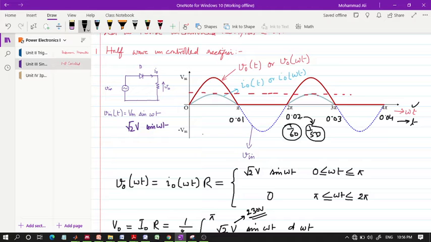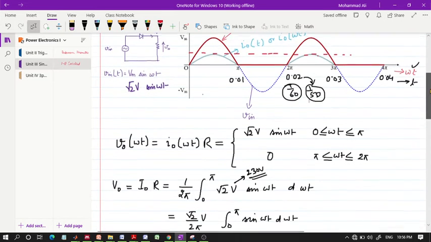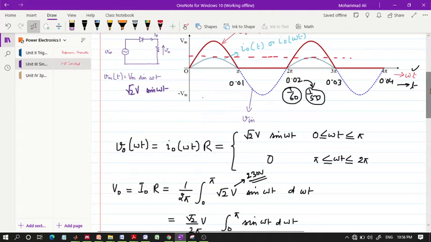So correspondingly the output waveform will be like this, and because the load is an R load, the current will be in this form, and it can also be written in terms of time or omega t. Now mathematically this red waveform, or this light blue waveform, can be written in this format. I am writing in terms of voltage only: V output of omega t will be equal to the supply voltage for the period of 0 to pi, and it will be equal to 0 from pi to 2 pi.